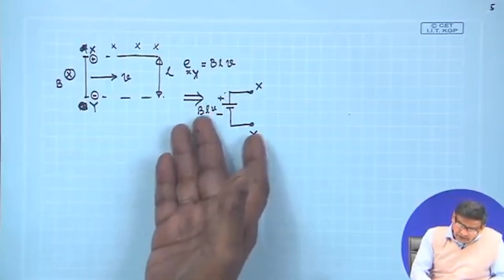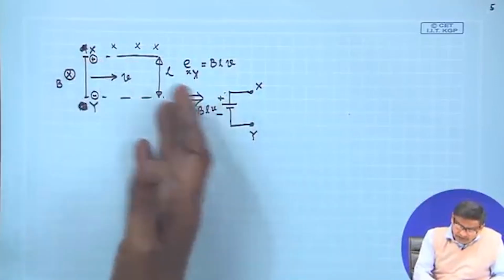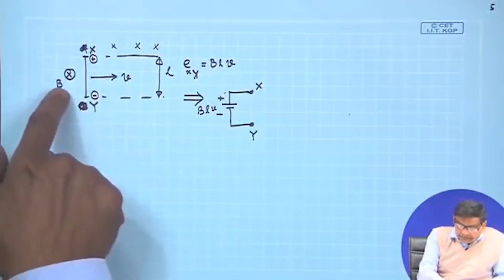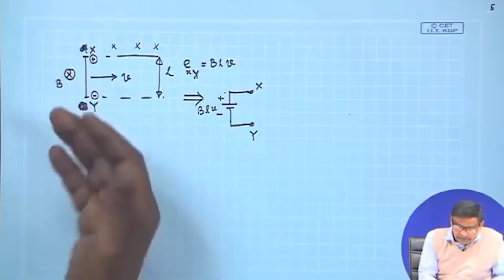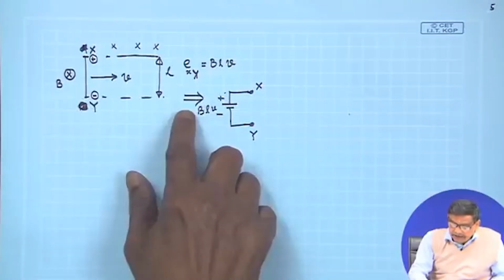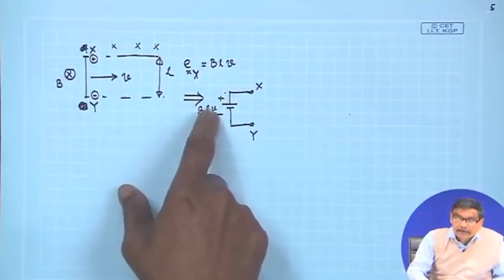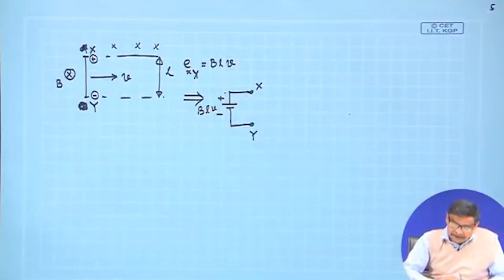Obviously, this also tells me many more things. Suppose L of the conductor is finite, fixed. If you reverse the polarity of the magnetic field, that is, instead of cross into the paper, if it is coming out, then the potential of x with respect to y will become negative BLV, indicating that y is really positive, x is negative.